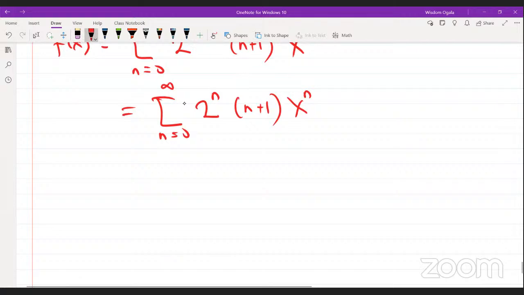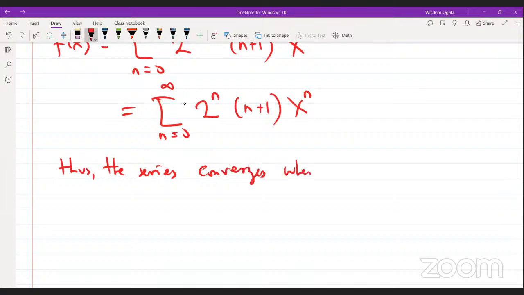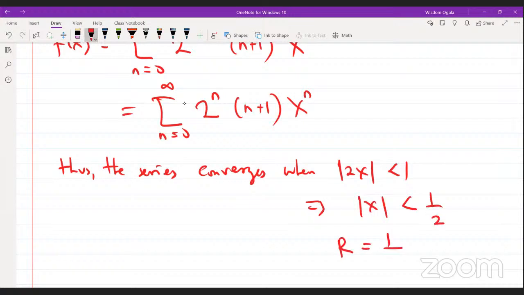Okay, so now, when will the series converge? Remember, the series should converge when this part holds.